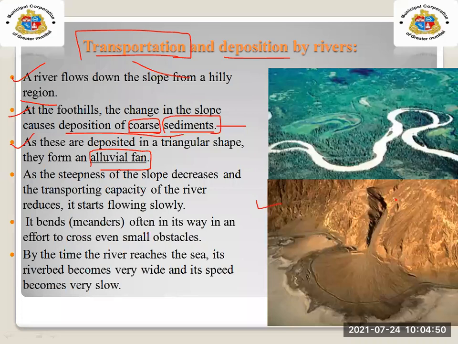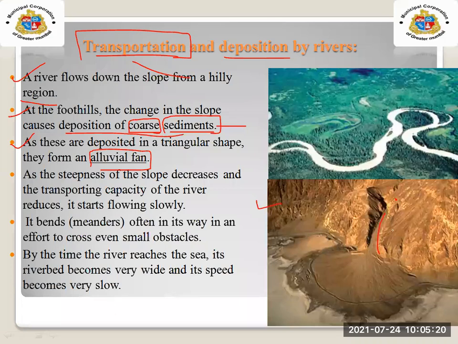From the hills, the water is flowing down. Along with the water, you can see there are sediments, consisting of rocks and minerals. With the flow of the river, these sediments get deposited along with the water.